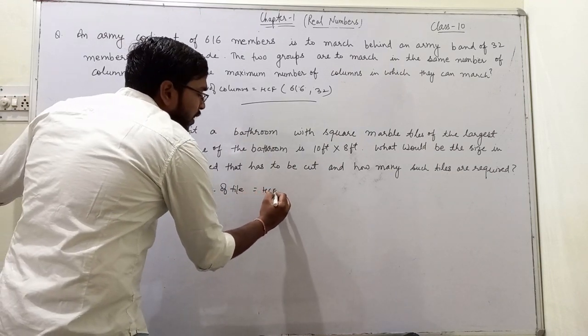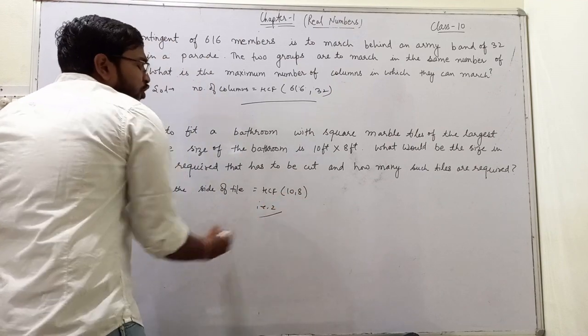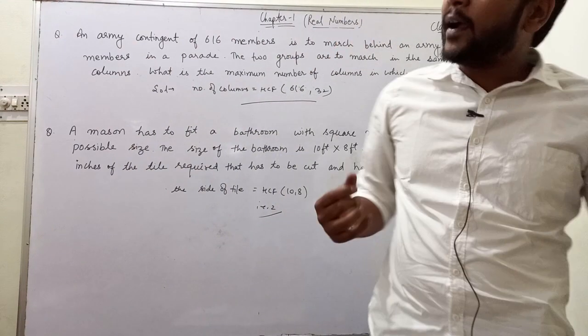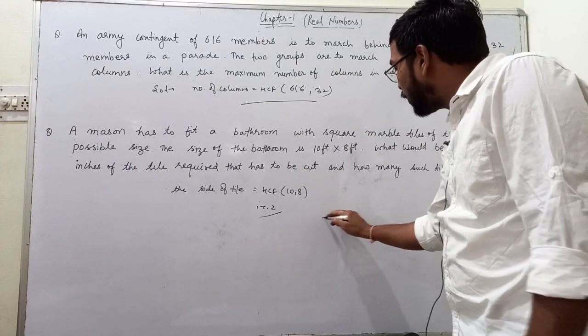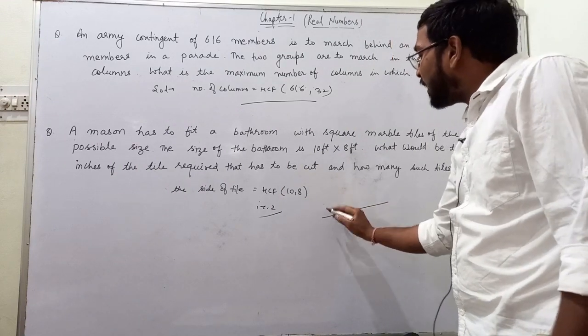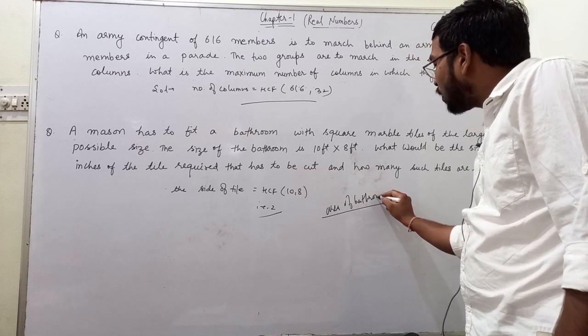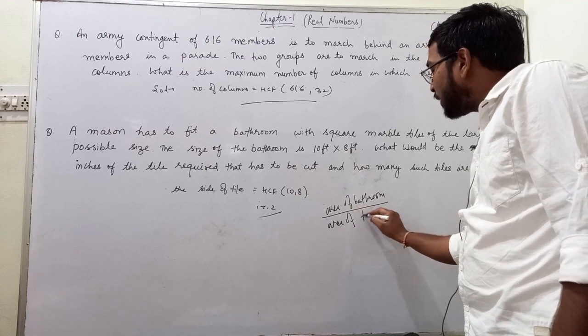So it will be equal to HCF of 10 and 8, that is 2. Okay, so it will be a 2 feet long square tile, and we need to find how many square tiles will be needed. For that purpose, you will divide the area of bathroom by the area of tile.